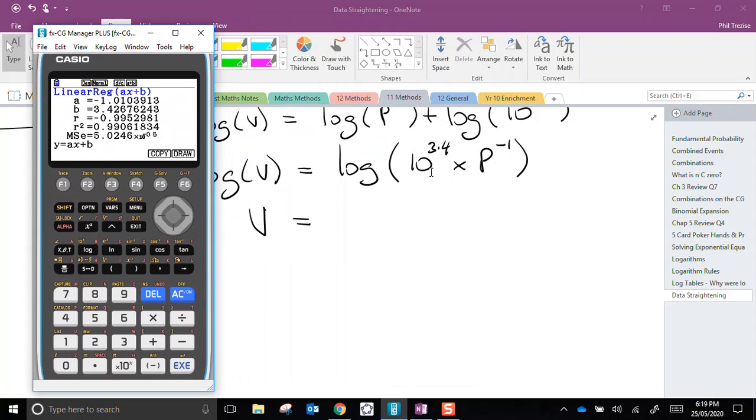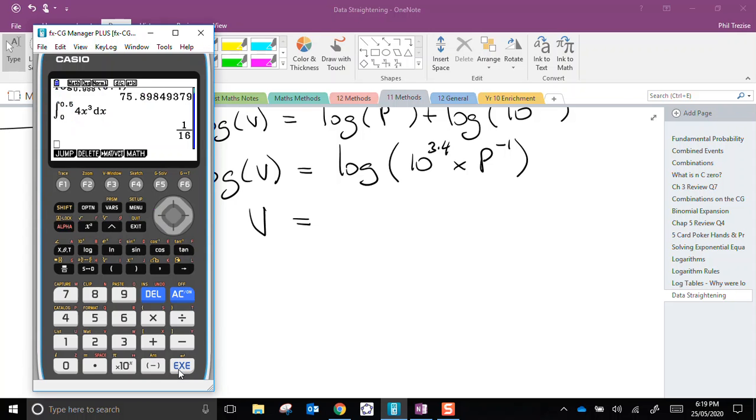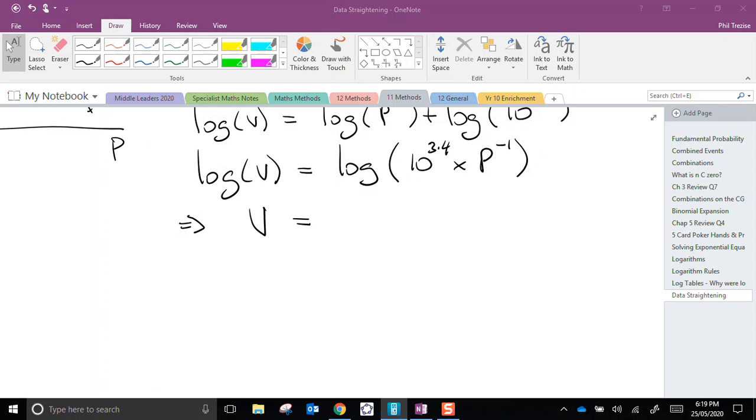It's going to be more than 1,000 because 10 cubed is 1,000. So let's just get to a calculation screen, and I want 10 to the power of 3.4. 2,512. So I have 2,512 multiplied by P to the -1.